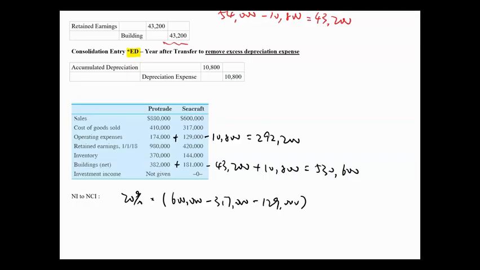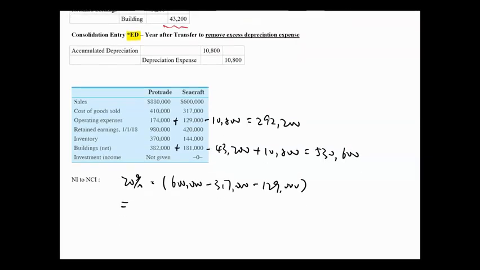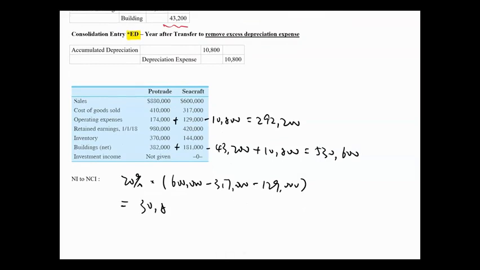We do not need to make any adjustment related to Seacraft because this transaction is a downstream transfer, and we only adjust the seller's book, not the buyer's book. Seacraft is a buyer. Alright, so this equals 30,800.